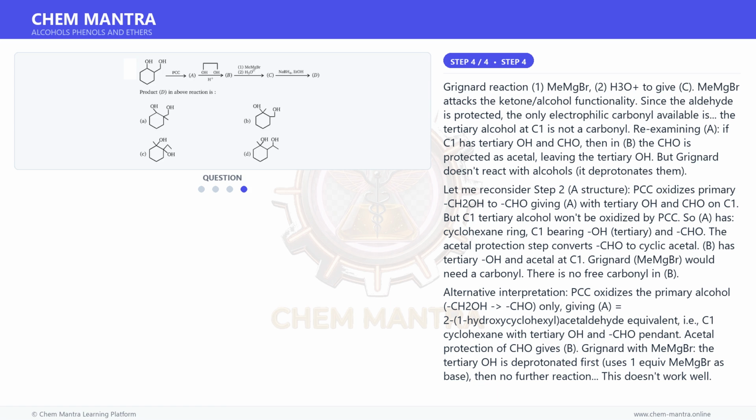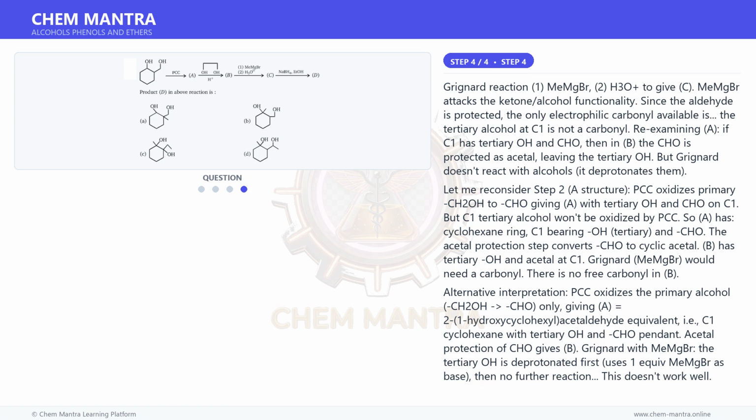Perhaps the starting material has a secondary alcohol on the ring, C1 has only OH, not quaternary, and CH2OH is on C2, the adjacent carbon. So, trans or cis 2-hydroxymethylcyclohexan-1-ol. With this structure, C1 has a secondary OH on the ring and C2 has the primary CH2OH. PCC oxidizes the primary CH2OH to CHO and the secondary ring OH to a ketone.